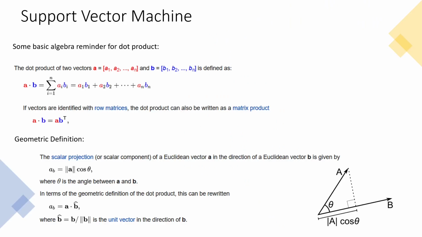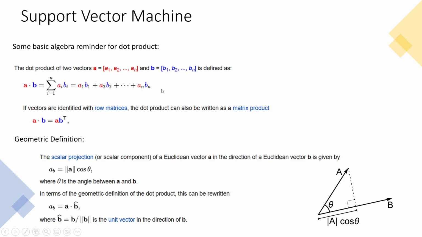Before going into the details, I would like to make a quick reminder about dot products and how we can use them geometrically. You should remember this from calculus and linear algebra, but even if you forgot, the dot product of two vectors A and B is given by this equation. You multiply A1 with B1, plus A2 multiplied by B2, and so on up to AN multiplied by BN.